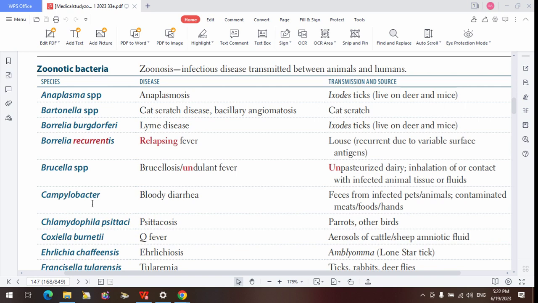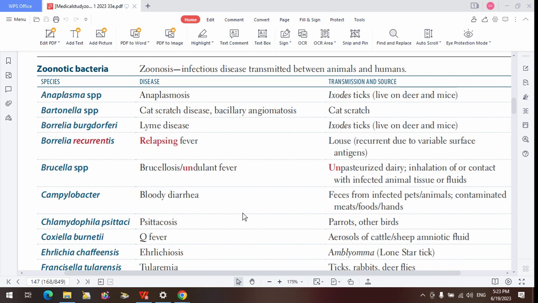You see bloody diarrhea, you're thinking about Salmonella, Shigella, Campylobacter, enterohemorrhagic, enteroinvasive, and which one again? Okay, I think we have mentioned almost the basic ones that cause bloody diarrhea: Shigella, Salmonella, enteroinvasive, enterohemorrhagic, Campylobacter.